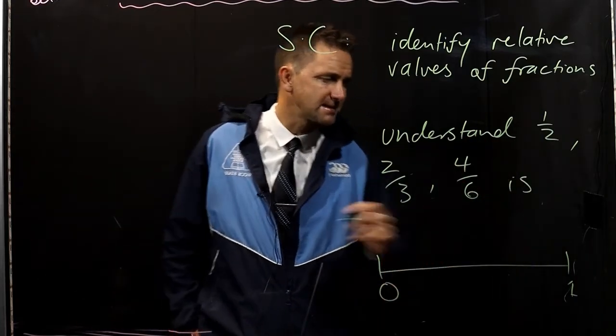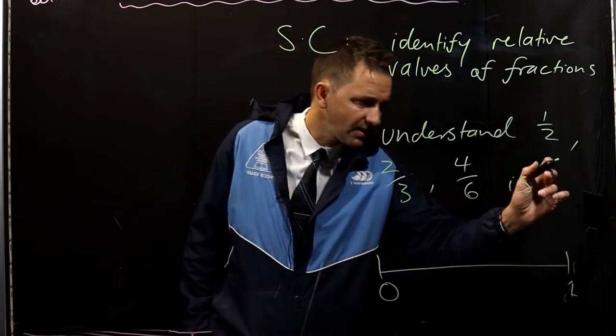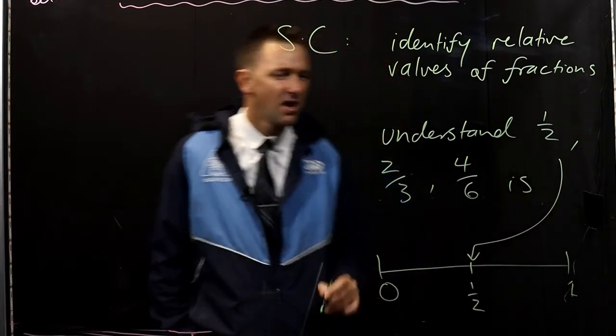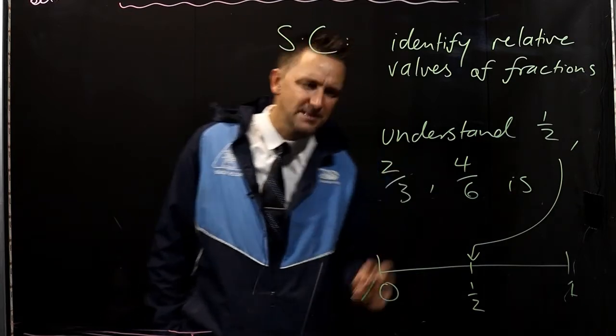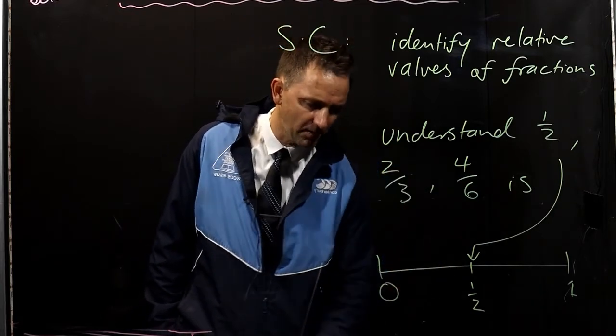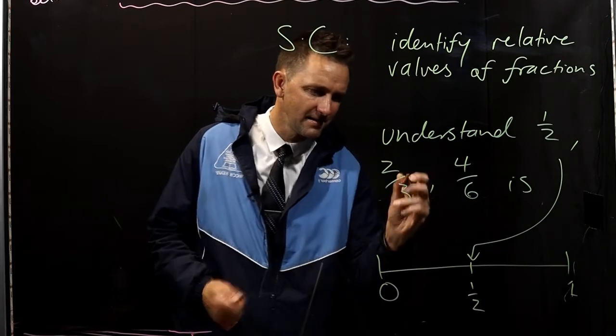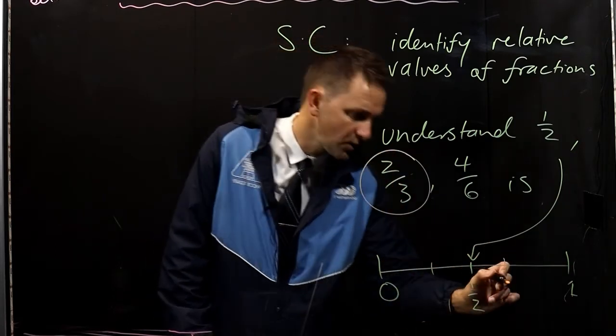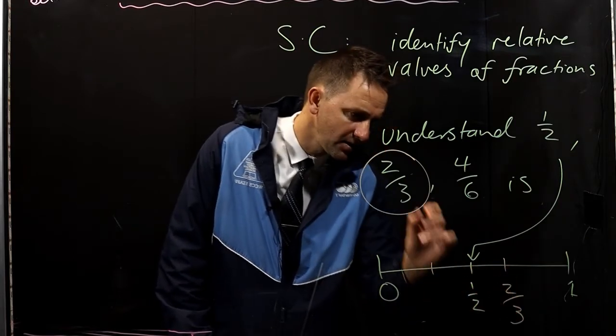I want us to understand that a half would go here on the number line, and that's where a half is, isn't it? I want us to understand that 2/3 is, if you cut this number line into 3 pieces, we'll cut it into thirds, the 2/3 would go about here, wouldn't it?